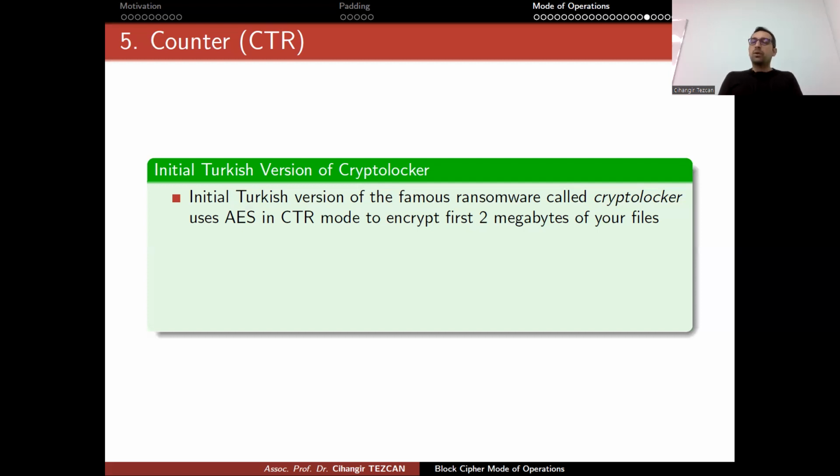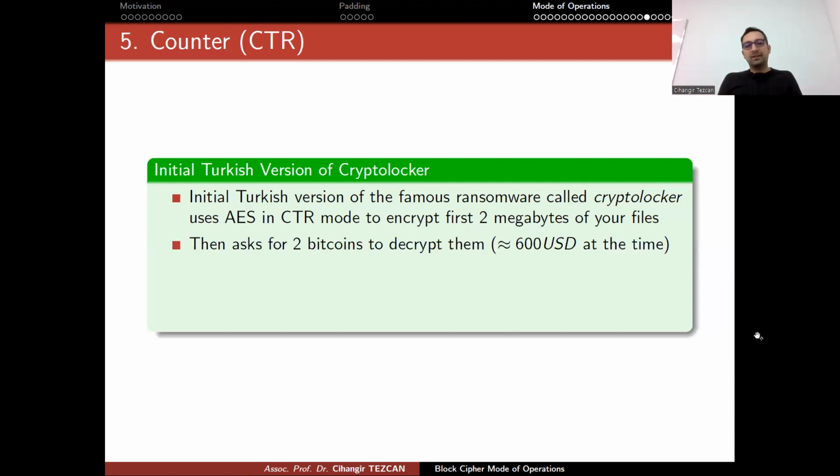It encrypts all of your files, but instead of encrypting the whole file, it encrypts the first 2 megabytes. And if you lose the first 2 megabytes of a file, then generally that file is useless. So it encrypts the first 2 megabytes of your most important files, generally your files on the desktop or important folders and so on. Then on the screen, it says that they encrypted your files. Now they are asking you to pay a ransom in cryptocurrencies. 90% of the time today, they ask for Bitcoins.